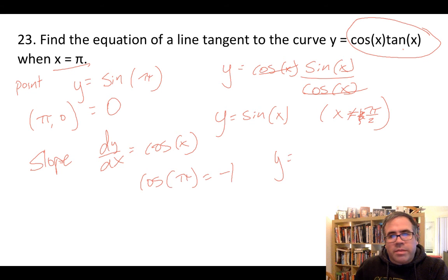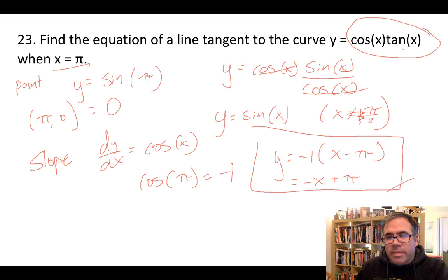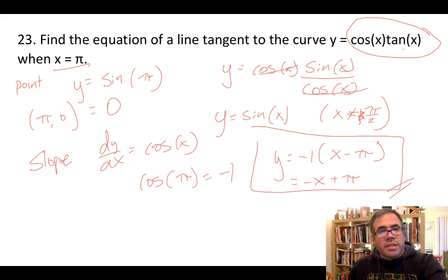Y equals 0, but -1 times x minus pi. And this one is so simple, we might as well simplify it a little bit more, and have it equal negative x plus pi. Both of these are fine. I'm happy either way. But yeah, always when you're multiplying trig functions, always look for a possible simplification. It'll make your life better.